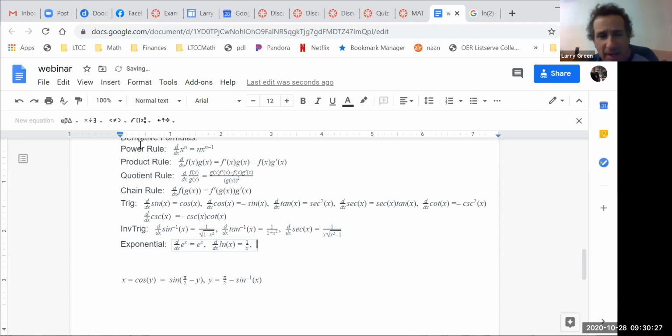And then if you happen to have a base that isn't the natural base, so like 2 or 7 or something like that instead of e, then you can still do those. They're a little messier though. The derivative of b to the x is equal to b to the x ln of b. Okay, do you remember those?